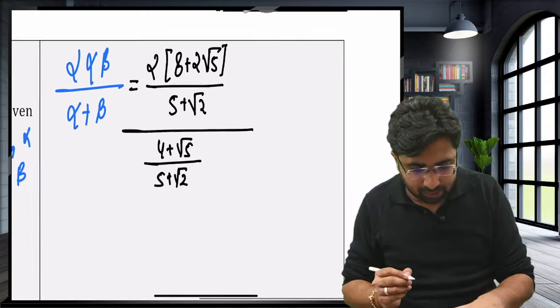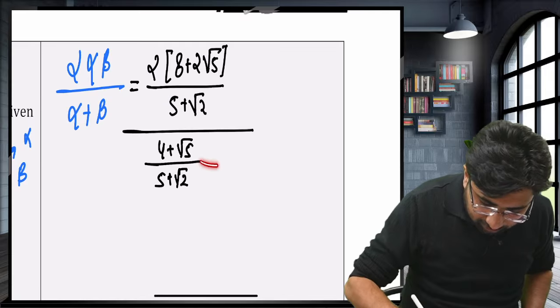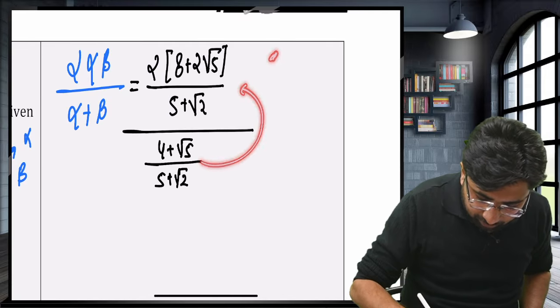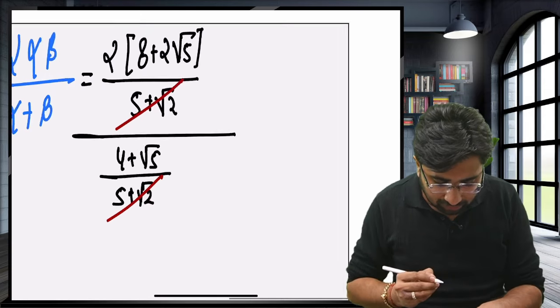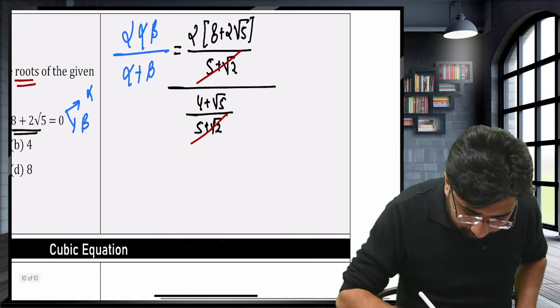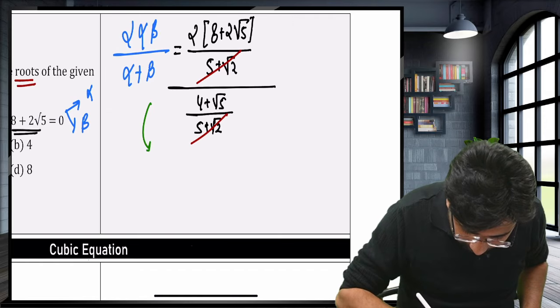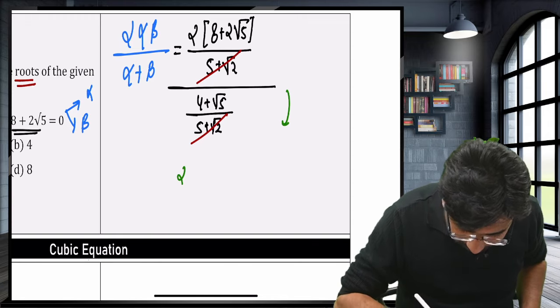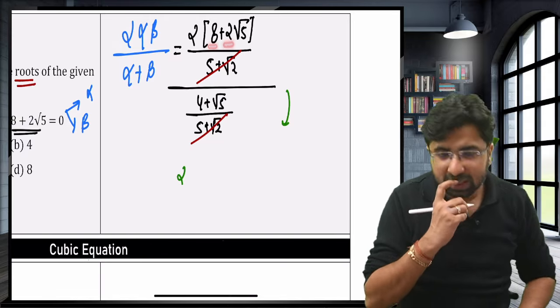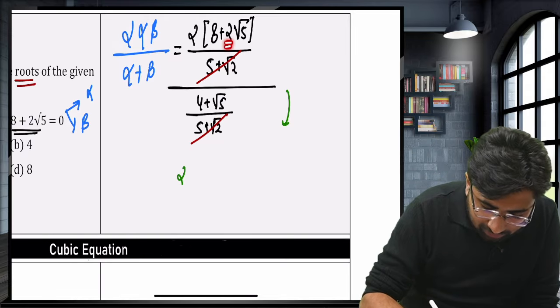Now let's check it over here. Everybody knows that this will go here in reciprocal. So this will cancel with this. Now you have only one thing left. Let's solve it further. Guys, can you take something common? In 8 plus 2 root 5, you can take 2 common.